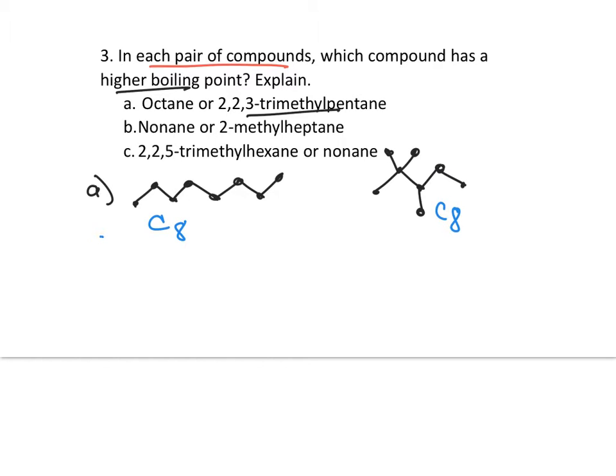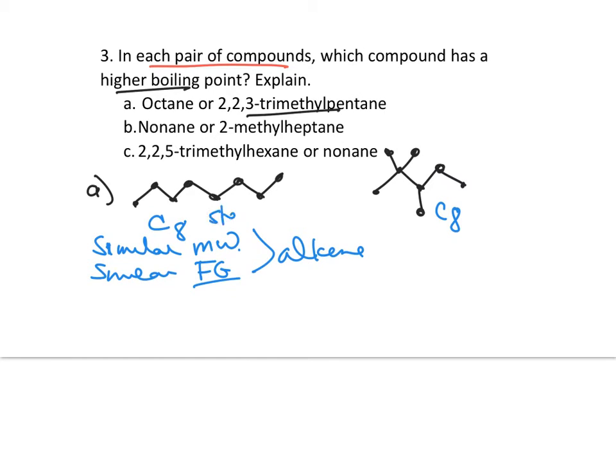So they have similar molecular weights. And they have similar functional groups, because they're both alkanes. So you're looking at, this is the straight chain, and this is the branch. And this is the rule.